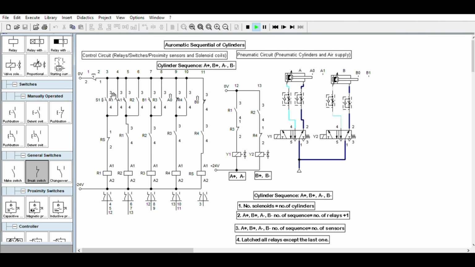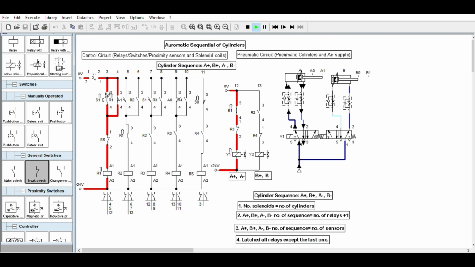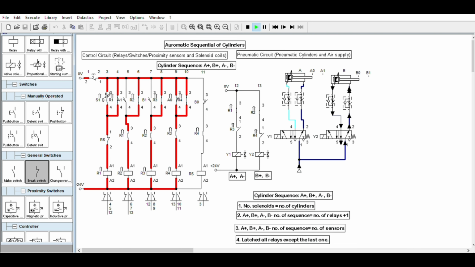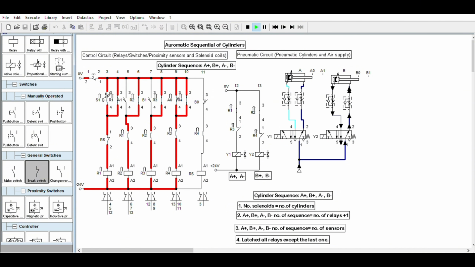Now, we have the complete cycle: A plus, B plus, A minus, B minus. If you hold this one, there is a continuous operation. But are we going to hold this one forever? You don't need to hold that one. What switch to be used?